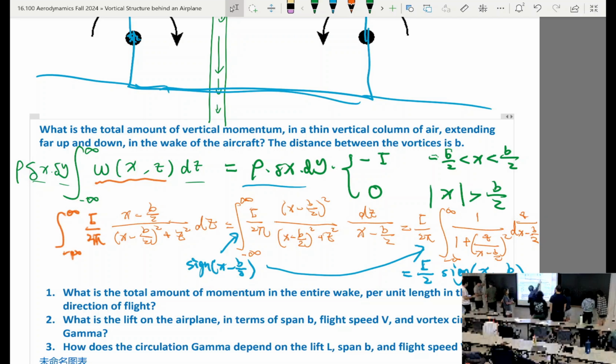Inside of these two vortices, the two signs are the same, both minus 1, and the magnitude is also the same. So if you add them up, it's just a minus gamma. So this is the result. Don't use this; it's an intermediate result for us to prove this.